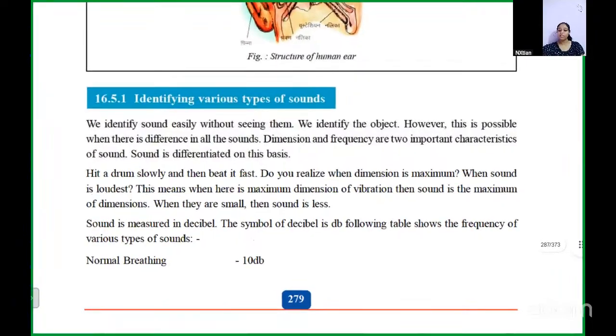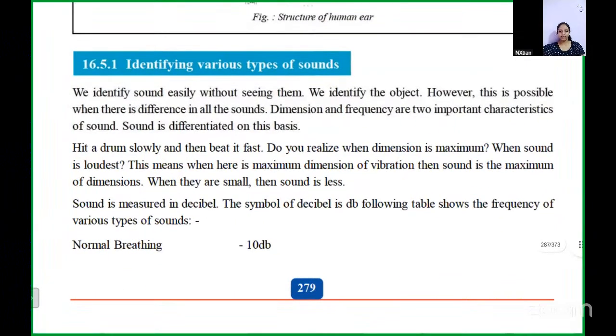Now, we know that we can identify sound without actually seeing the object, without actually seeing the source. Imagine we have our eyes closed or we are sleeping and our mom calls out and comes to wake us up. We identify that it is our mom. How? By listening, because she has a particular voice and we recognize that voice.